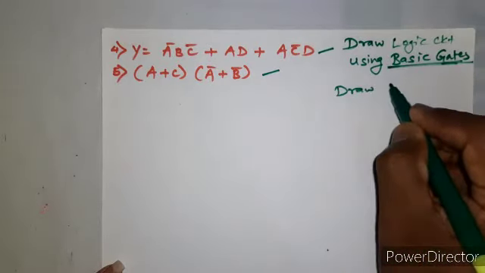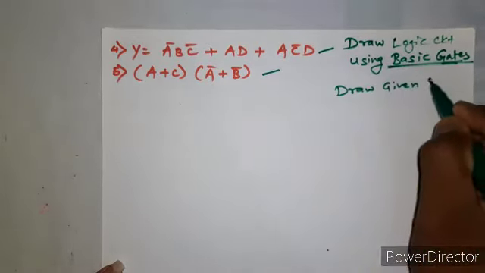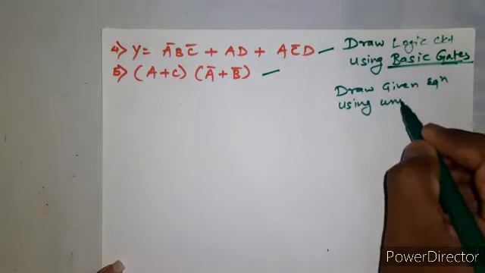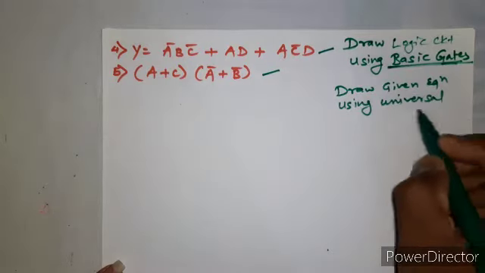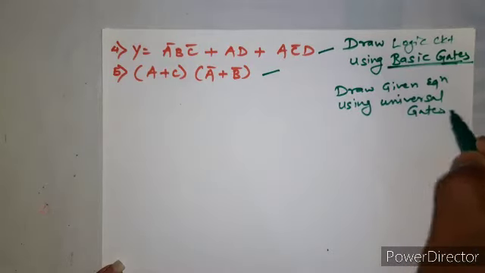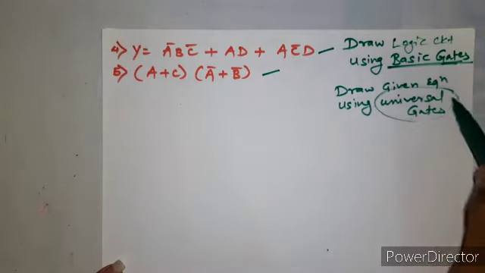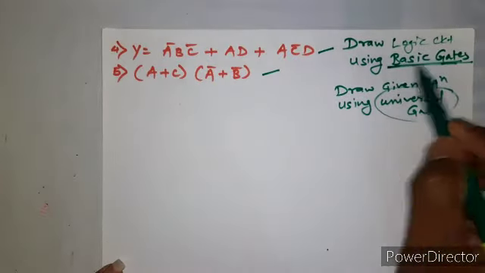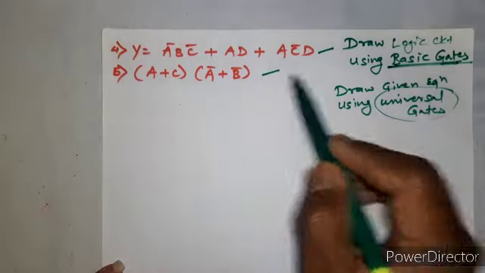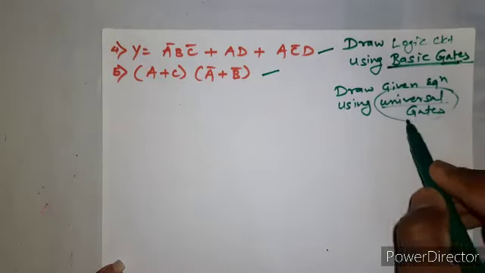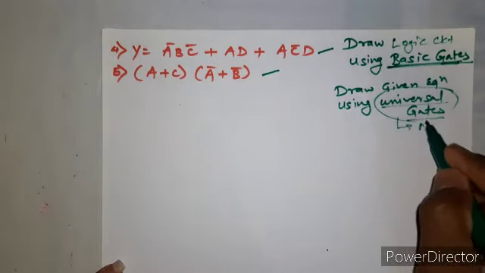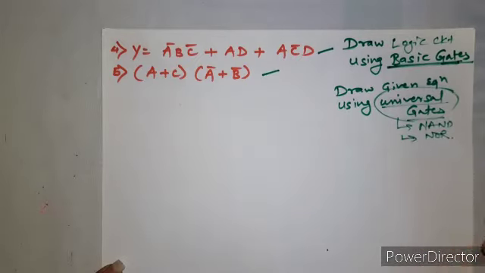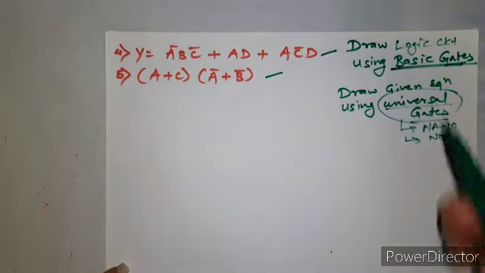Draw the given equation using universal gates, right? This is a very interesting concept: given equation can be drawn with the help of basic gates, and it can also be drawn with the help of universal gates, meaning NAND and NOR.